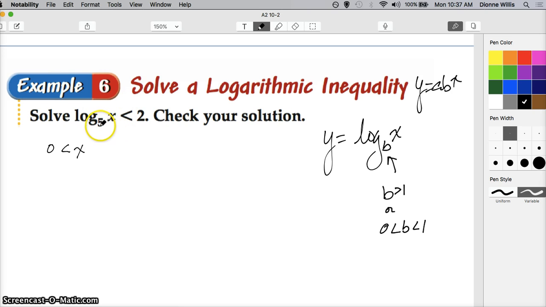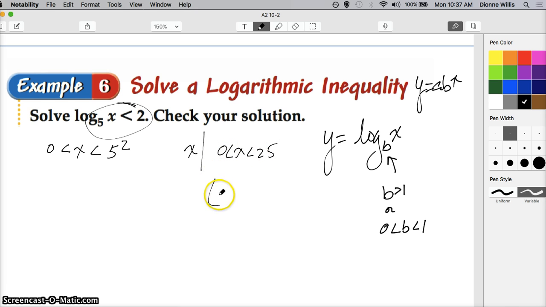What this tells me is that x has to also be less than 5 to the second power. And we get that from just rewriting this as the related exponential inequality. So x is less than 5 to the second power tells me that the answer to this is all x such that x is somewhere between 0 and 25.